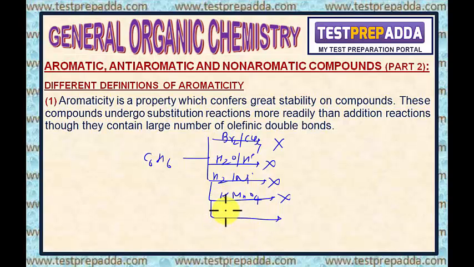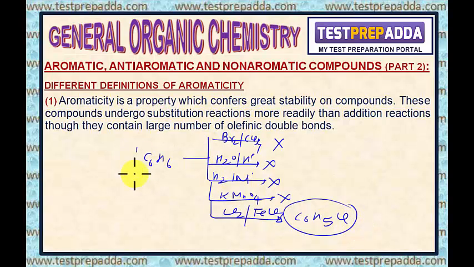When reacted with Cl2 in presence of FeCl3, a Lewis acid, then chlorination takes place, but a substitution chlorination. My point is clear. And by this definition, this benzene is an aromatic compound.